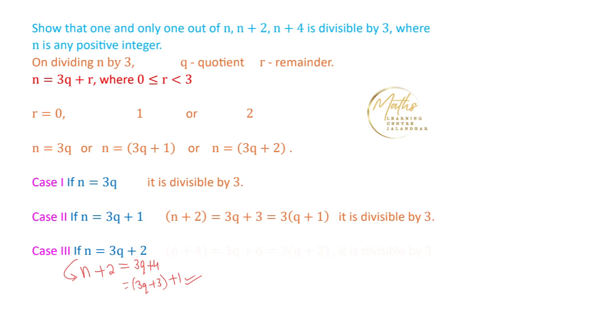Now for the number n plus 4, we obtain 3q plus 6, and we can write this as 3 times q plus 2, and it is divisible by 3. And this is what we had to prove, that one and only one out of n, n plus 2 and n plus 4 is divisible by 3.